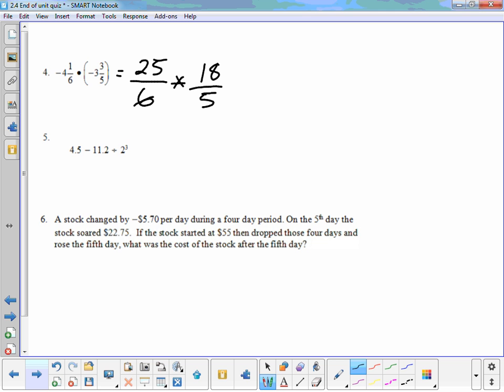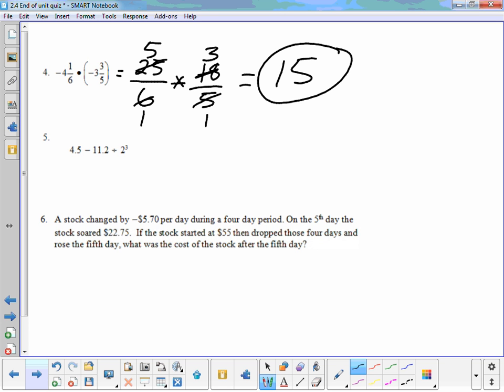I know that 6 and 18 share a common factor of 6, so I'm going to take out that common factor. 5 and 25 share a common factor of 5, so I'm going to take out that 5, and I should get a grand total of 15 here. If you just multiplied, you'd end up with a big number over 30, and I promise you 30 times 15 is what that number is.